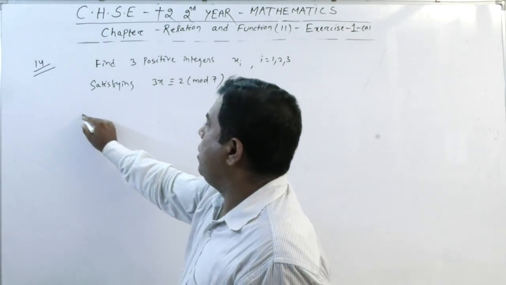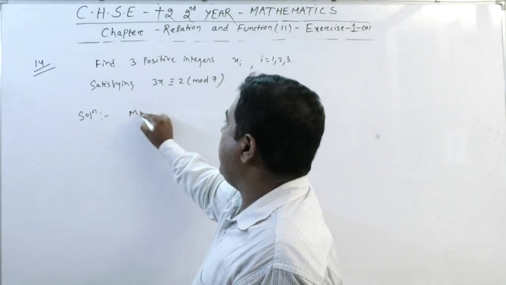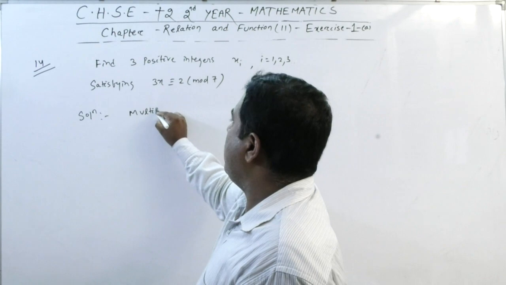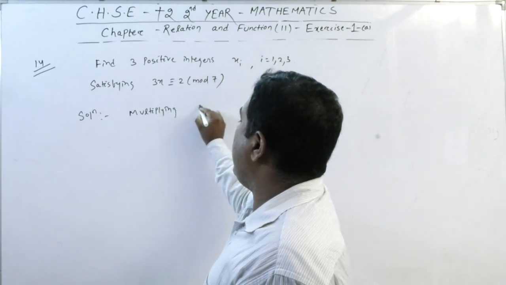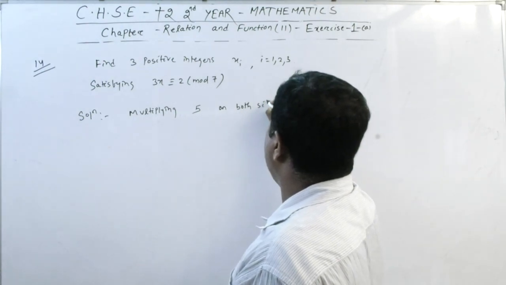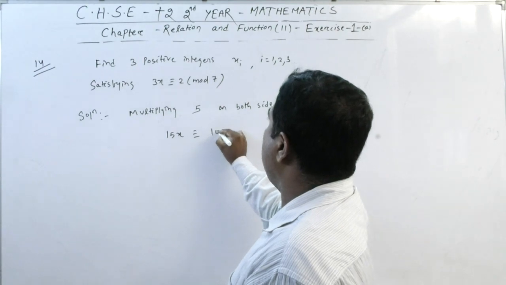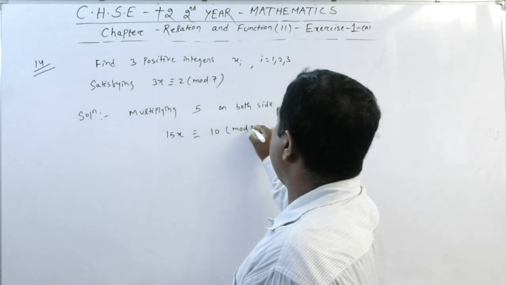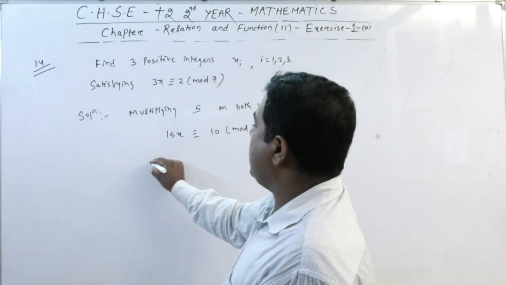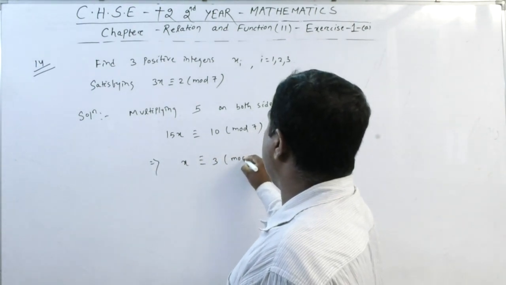So for it, multiplying 5 on both sides, I can say 15x is congruent to 10 modulo 7. Yes or no? Or I can say x is congruent to 3 modulo 7.